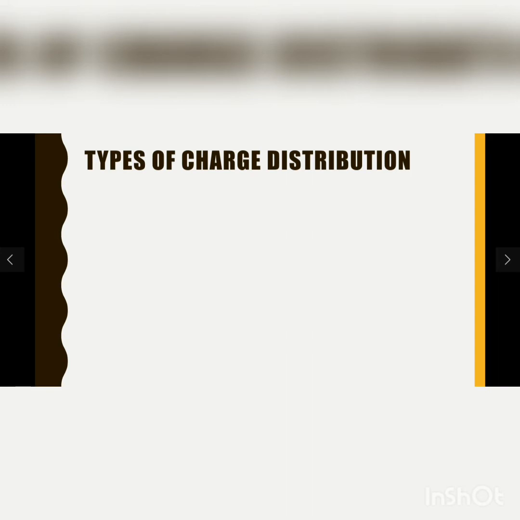So the charge distribution itself can be of three different types. Consider a sphere, consider the surface of a table, consider a very thin electrical wire. When the charge is spread over a 3D region like a sphere, then the charge distribution is volumetric in nature.